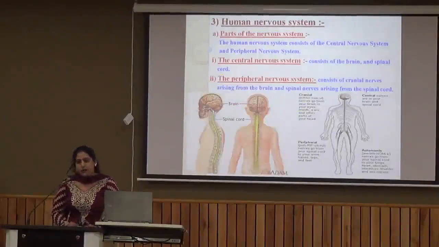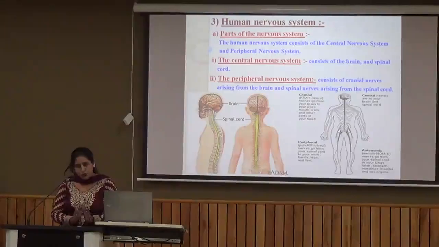Human nervous system. The human nervous system is itself complex, but it is divided into two. The basic one is the central nervous system which contains the brain, spinal cord and nerves. The second one is the peripheral nervous system which contains mainly your cranial nerves.